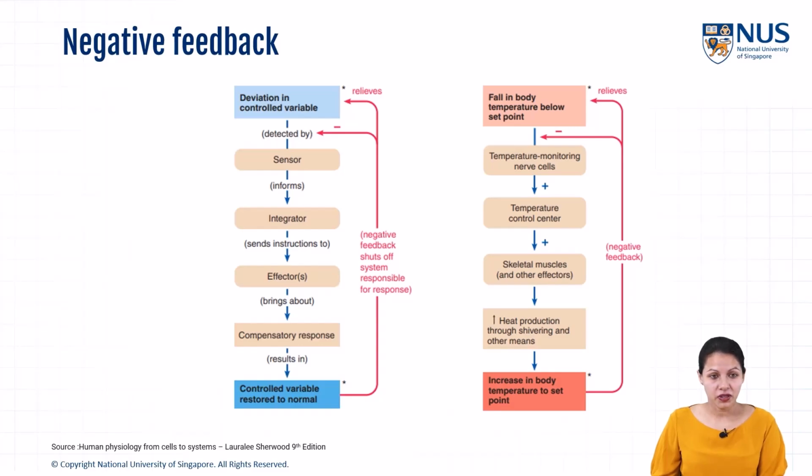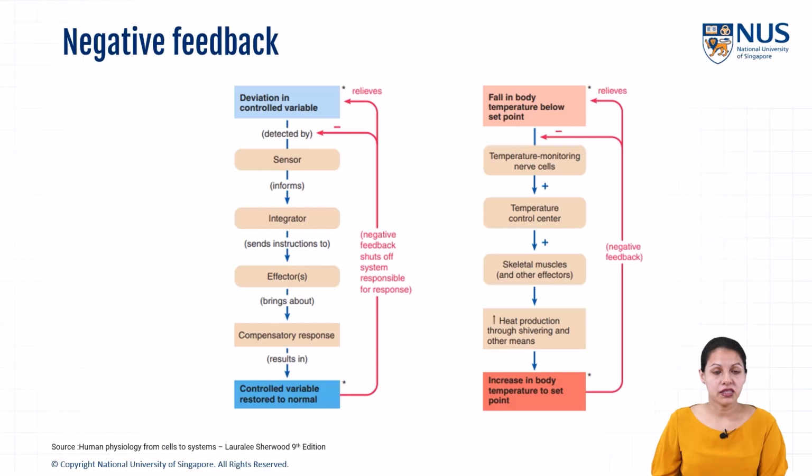And now this will in fact send signals to the sensor that the variable has returned back to normal and to stop the response. If we look into a practical example, if there's a fall in body temperature, it's detected by nerve endings, nerve cells, and it sends signals to the temperature control centers, which will send signals to various organs.